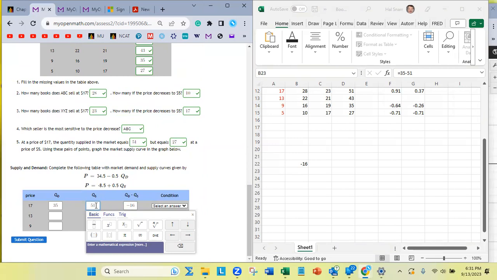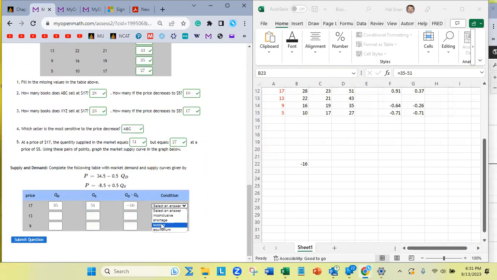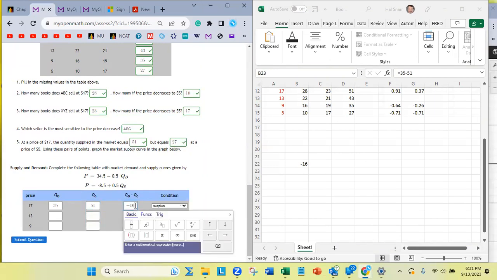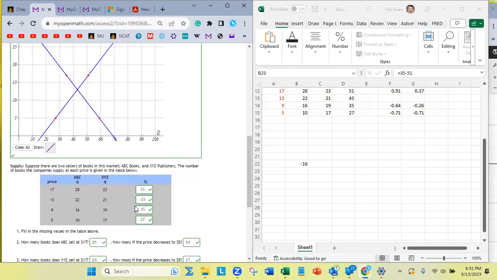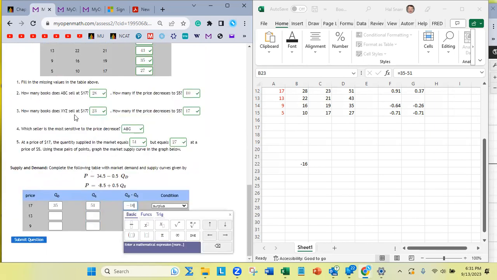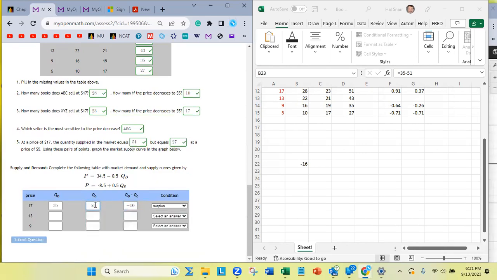And when you have a huge excess inventory, that is called a surplus. And what do you want to do in a surplus? Well, when you're supplying a lot and people aren't buying much, you got to get rid of your inventory. And one way to get rid of your inventory is having a sale. So you lower your price until the quantity demanded just equals the quantity supplied. So we'll hit enter to see if we got it right.